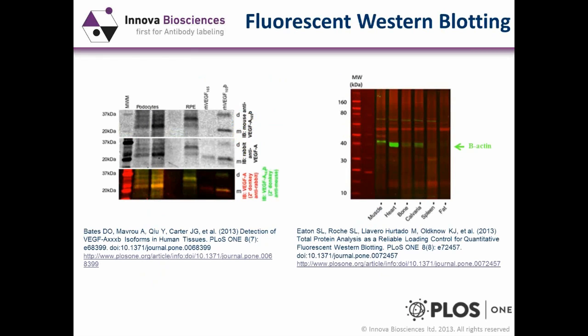And you know, there's really great benefits to being able to detect fluorescent proteins in fluorescent Western blotting. Here's an example where the researcher has probed the same membrane simultaneously with 2 different antibodies, each raised in a different species, so they're not going to encounter cross-species reactivity.